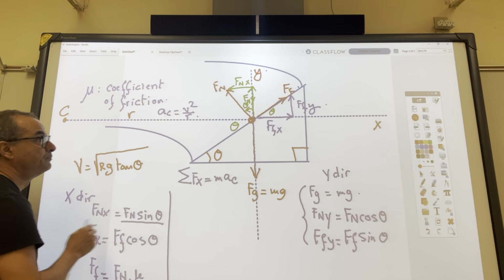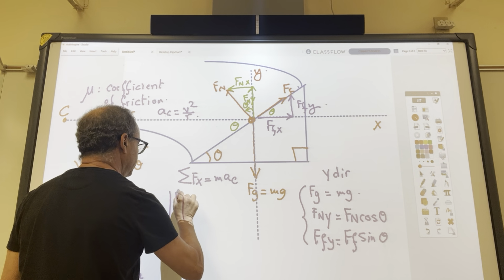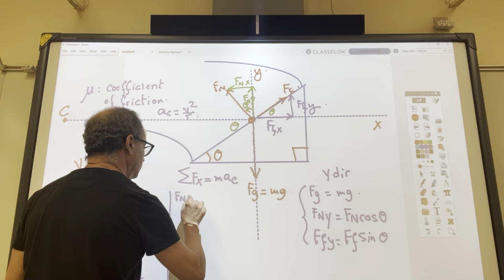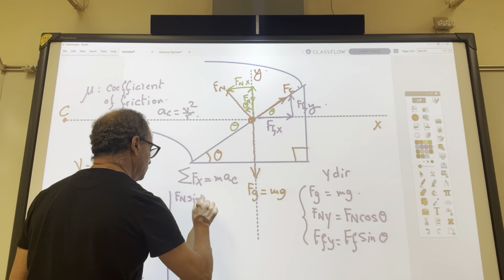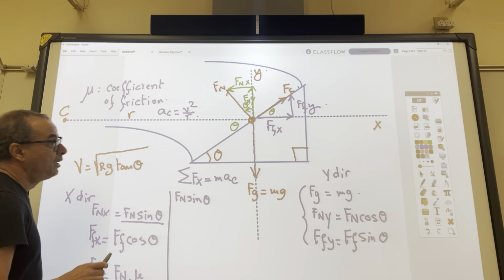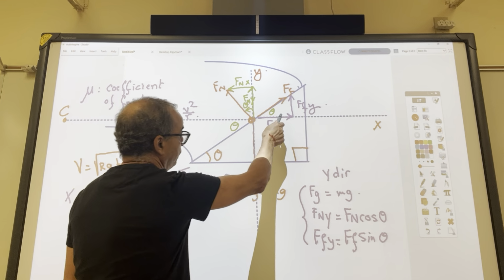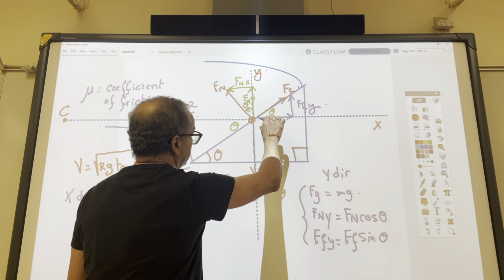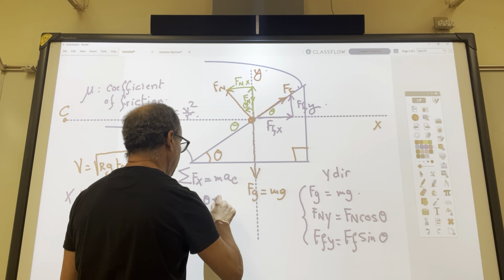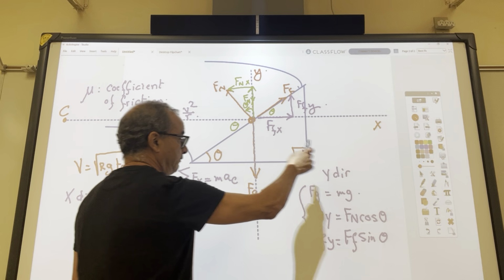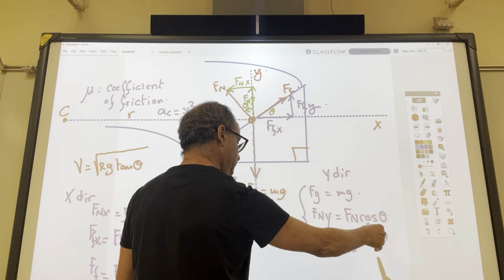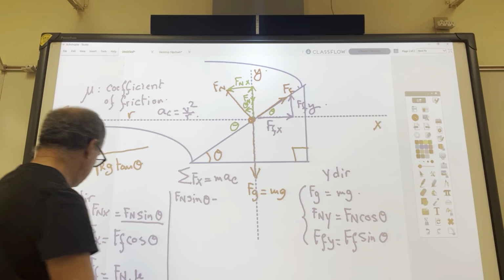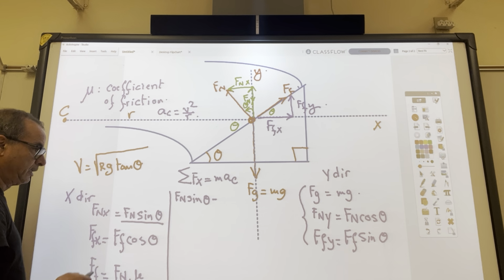Okay, so the x component of the normal force is going the same direction as the acceleration, so it's going to be positive. All right, so we're going to write Fn sine theta, and then the x component of the friction is going the opposite way, so it's going to be negative, minus Ff x, which is Ff cosine theta.